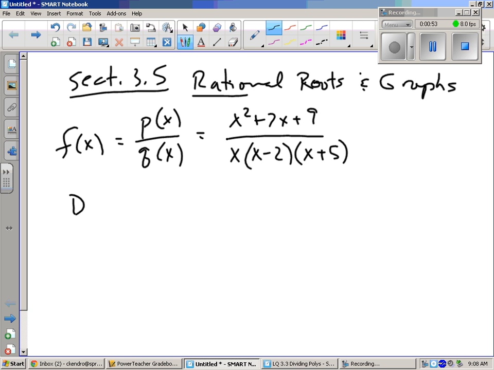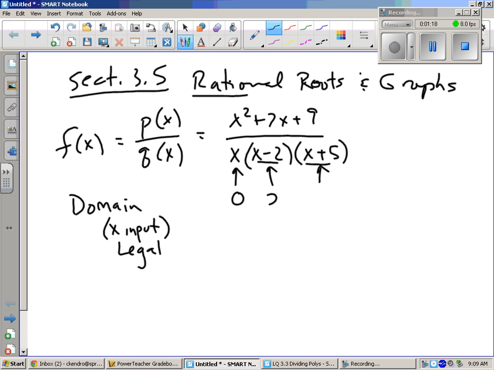Now you're going to be asked to find the domain of some of these. And remember, that's the x input. In other words, what's legal to put in for x. Now, we all know that 0 cannot be on the denominator. So if we look at all of these, if I put a 0 in for x, 0 times these other two is still 0. So that would be a big no-no.